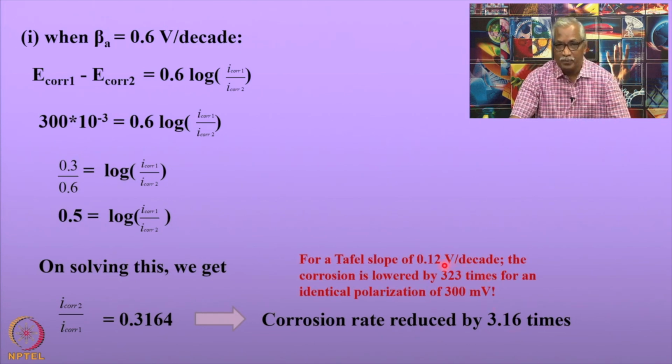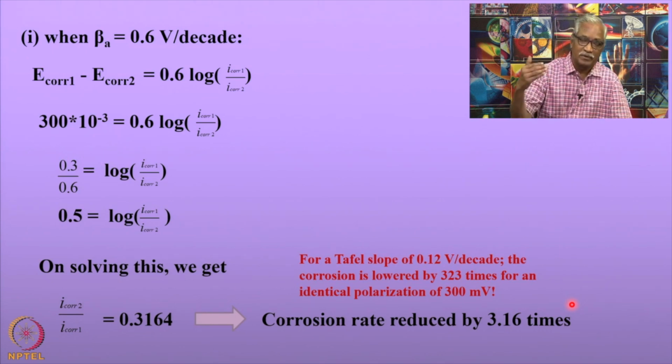Should the Tafel slope be 0.12 volt per decade, for the same 300 millivolts polarized potential, one would expect an increase in corrosion resistance by 323 times as opposed to just 3.16 times if the Tafel slope is 0.6 volt per decade.